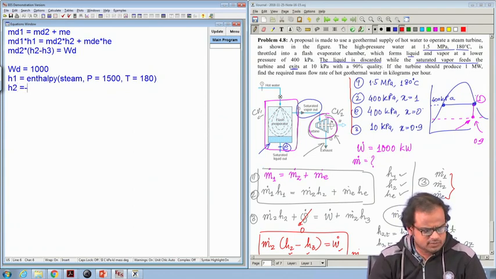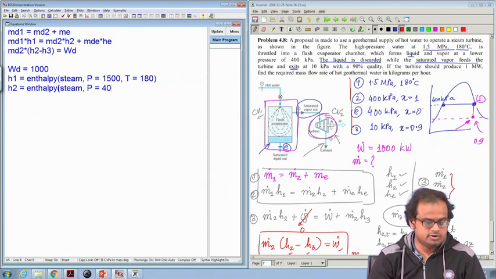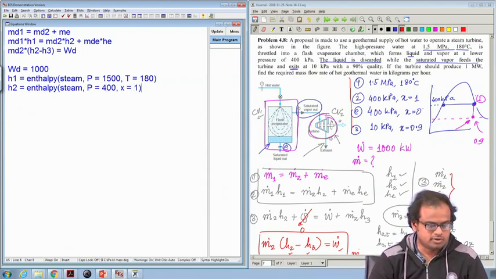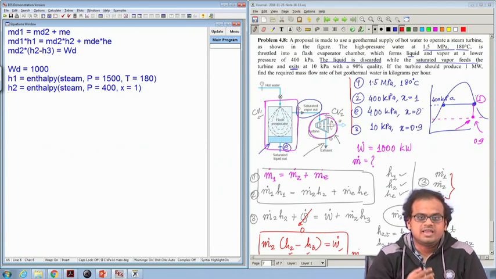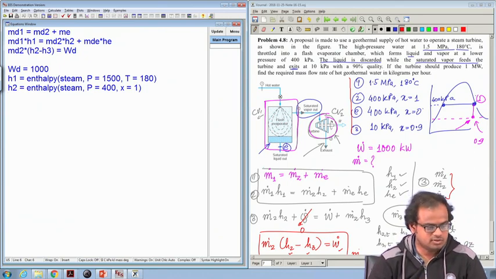H2 is at enthalpy of steam at P equal to 400 and X equal to 1. This is the extracted steam from the flash chamber. What is the H exit?